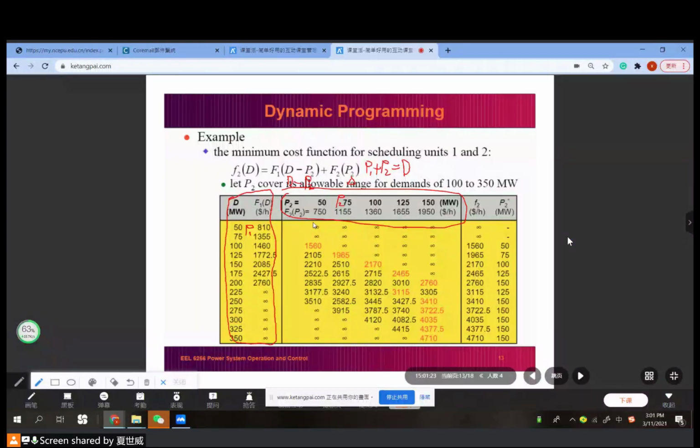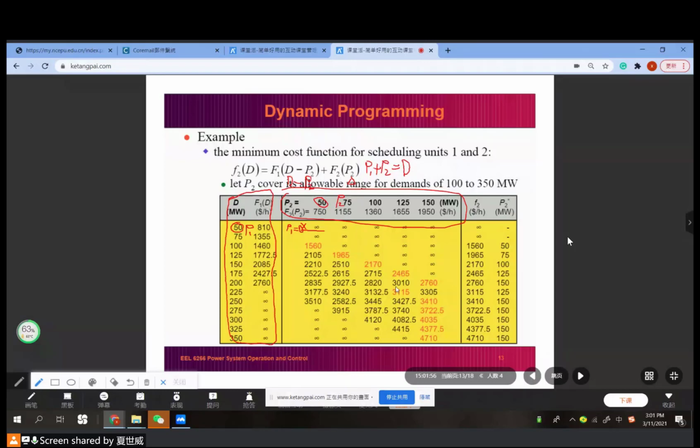First, for this element, we want to support a total load of 50, and generator 2 supports 50. So how much is left for generator 1? It will be 50 minus 50, so 0. And what's the cost for generator 1 if the power is 0?